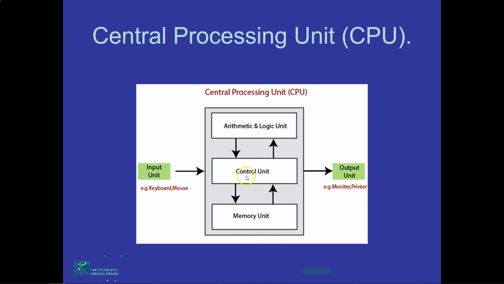And then next you have a control unit. This control unit controls the operation of all parts of the computer, but does not carry out any actual data processing operations. Its main function is that it manages and coordinates all the units of the computer.